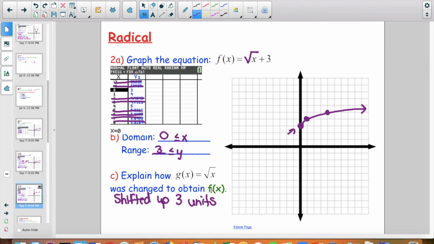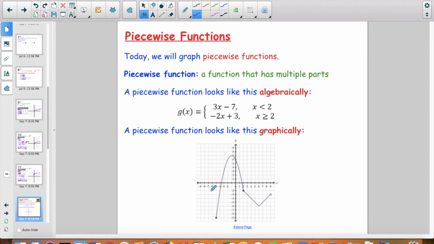So going on to the last type of graphing we are going to do, it is going to be piecewise functions. A piecewise function is a function that has multiple parts, okay? So this is what a piecewise function looks like. It has g of x, which is a function, and it splits it up.